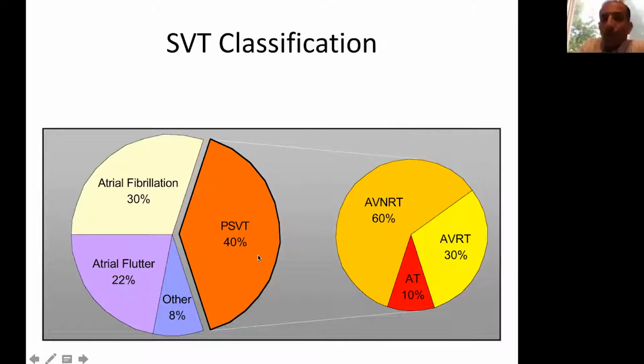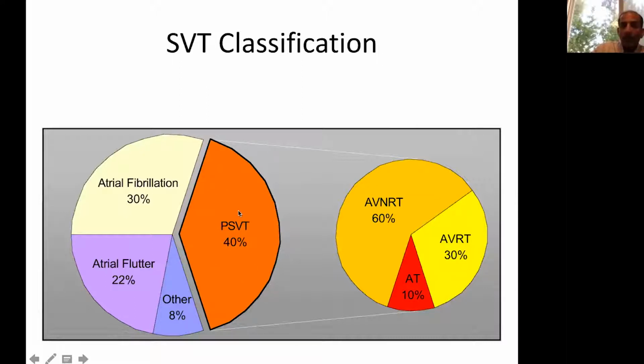So if somebody asks what is the number one cause of fast rate coming from the upper chamber of the heart, you're going to say it is atrial fibrillation. Then number 2 would be atrial flutter. Then the other would be multifocal atrial tachycardia.